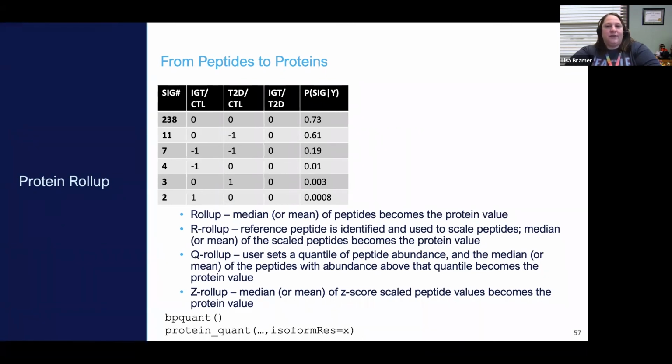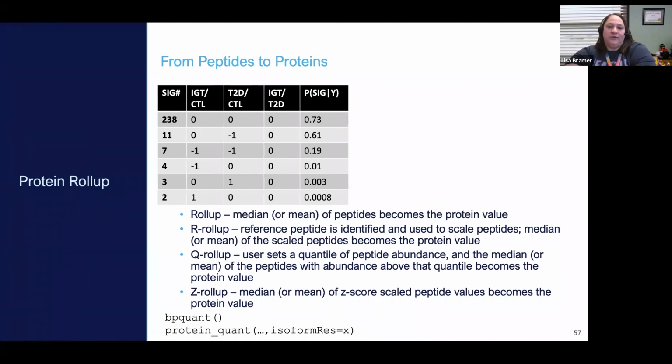On the far right column, BP Quant uses a Bayesian model and assesses the probability that the signal we're seeing in this group of peptides is real. For that zero profile, we get a fairly high probability that it is in fact a real proteoform, and for the other proteoform with 11 peptides mapping to it, we also have a fairly high probability that it is real.